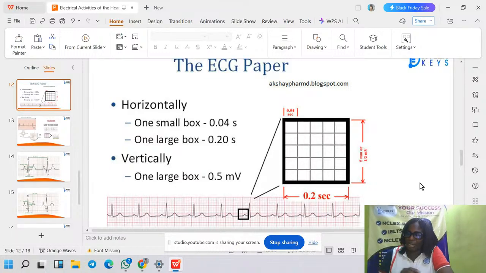In essence, to use the R counting method to know your pulse, you have to have a 6-second strip.